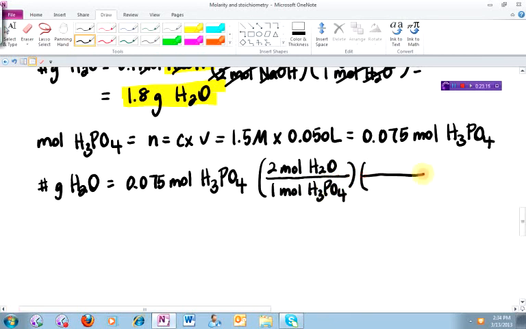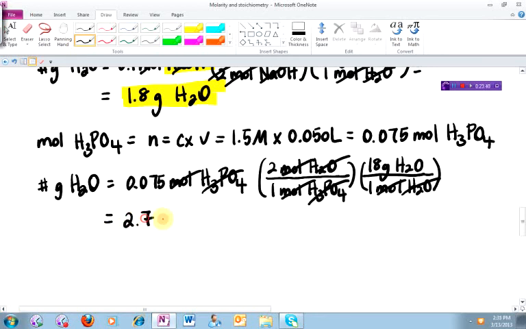And then we've already figured out our molar mass for water is 18 grams. Canceling our units, and when you plug in those numbers, 0.075 times 2 times 18 ends up being 2.7 grams of water.